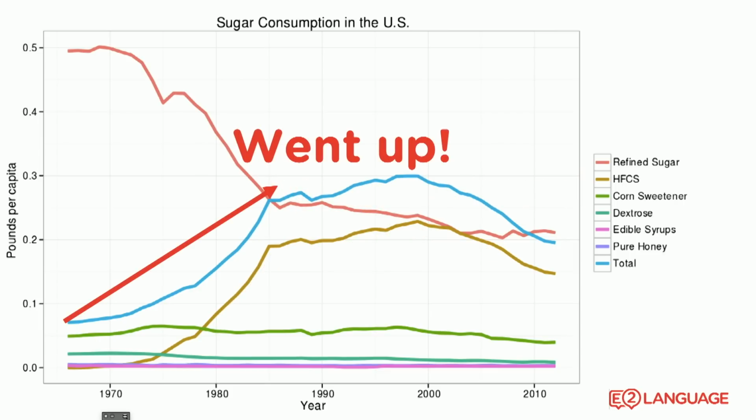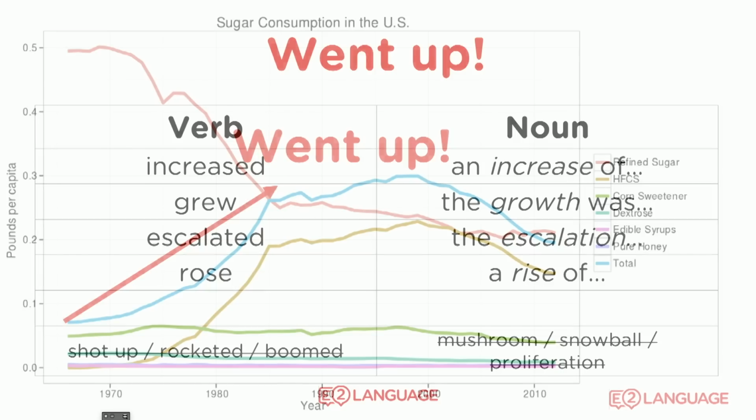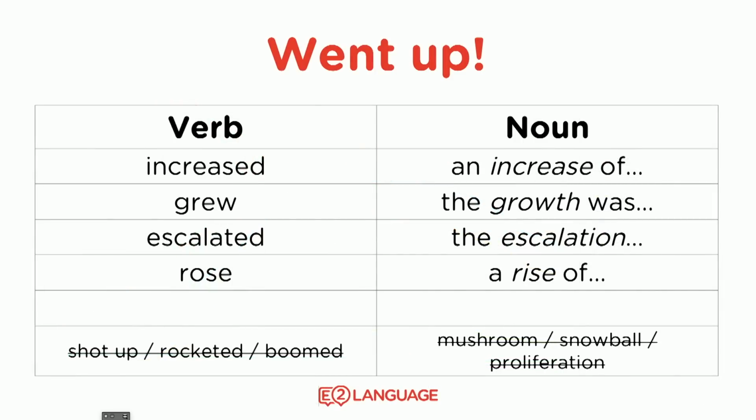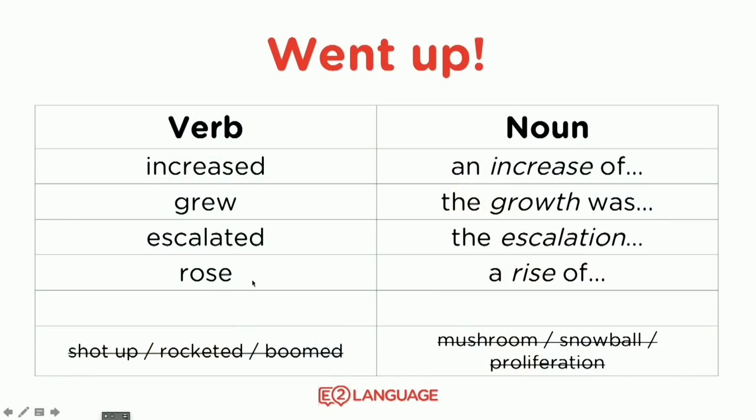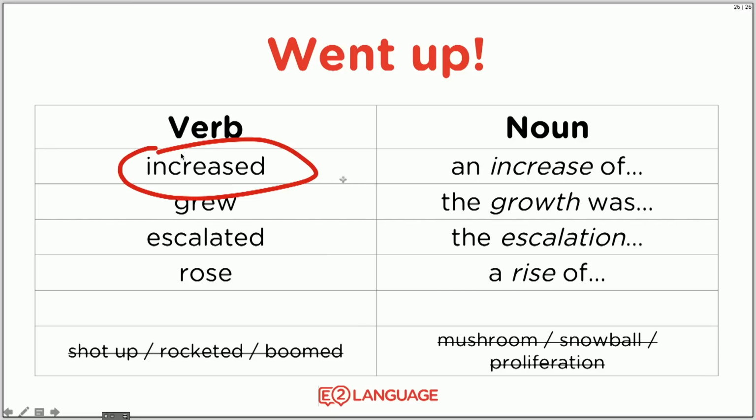I'm going to teach you a range of different words that you can use on test day. Now, you can think about the words like this, verbs and nouns. Let's say you have the same word like increased. Let's say you're looking at this word increased. There's the verb, and you can see it's in the past tense.